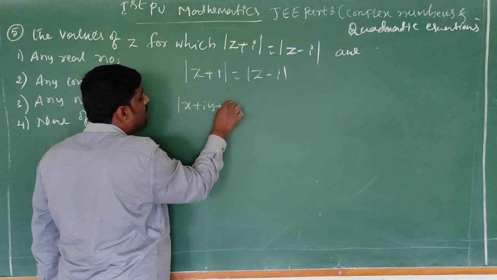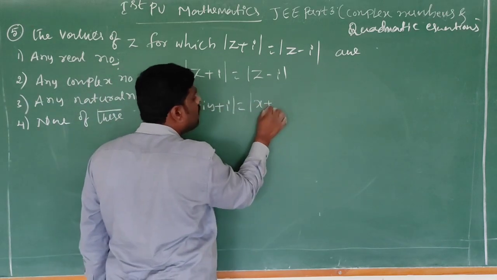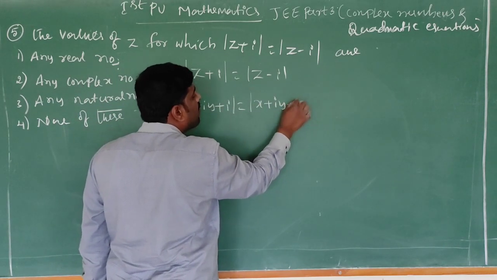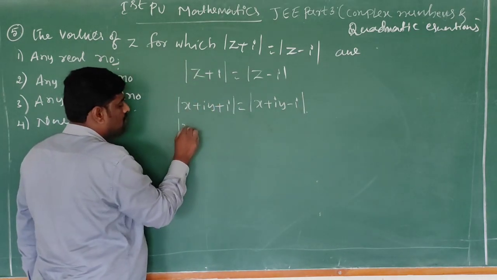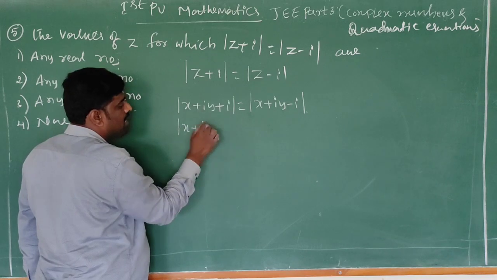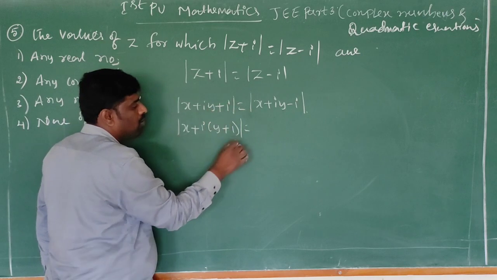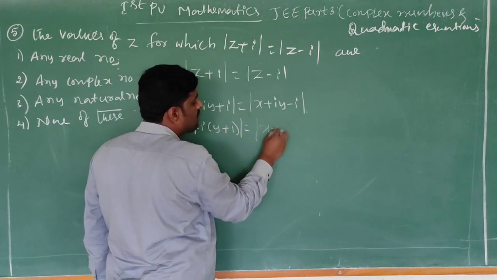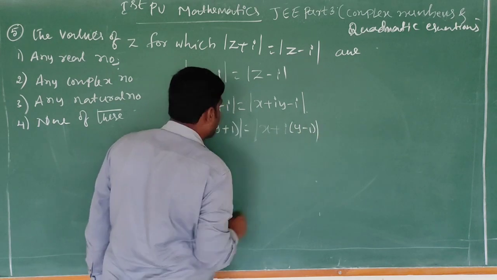So modulus of x plus iy plus i is equal to modulus of x plus iy minus i. That means modulus of x plus i(y plus 1) is equal to modulus of x plus i(y minus 1).